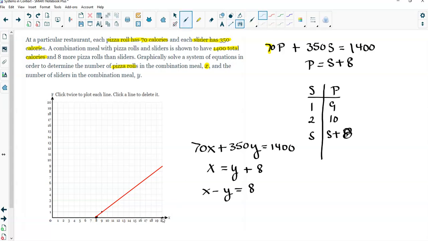Let's put that point right there. So once I have the x-intercept, then I need to look for the y-intercept. So y-intercept is 1400 divided by 350. Let's see what that is. 1400 divided by 350 is 4. So that means the y-intercept is 4.